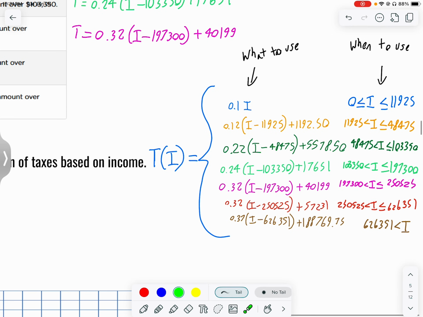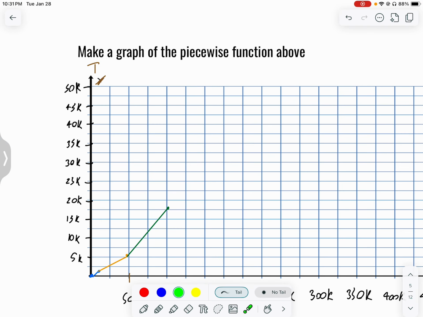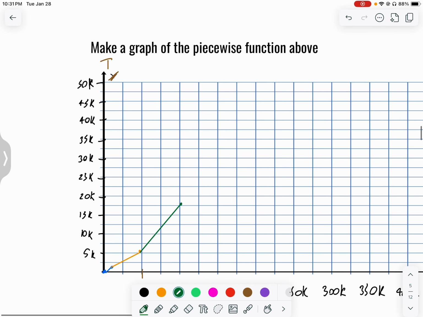Let's see, 24. This one goes from 100,000 to almost 200,000. Not too difficult to do. And it goes up to 40,000 in taxes. So let's just make sure it's 40,000 in taxes. Yes, 40,000 in taxes.